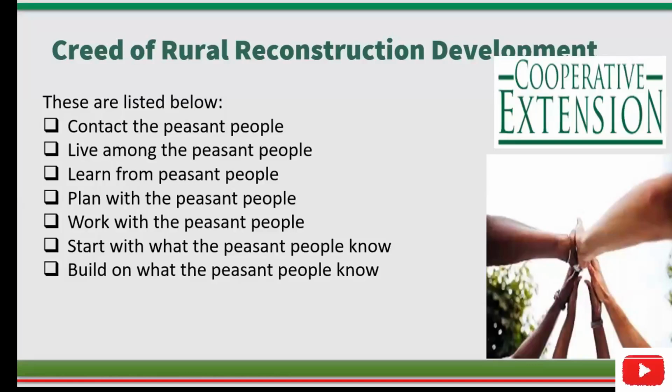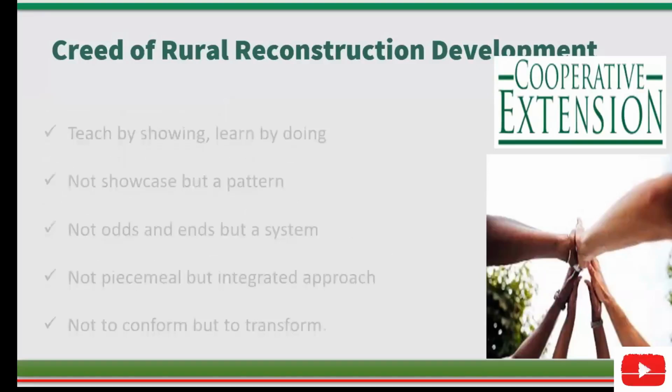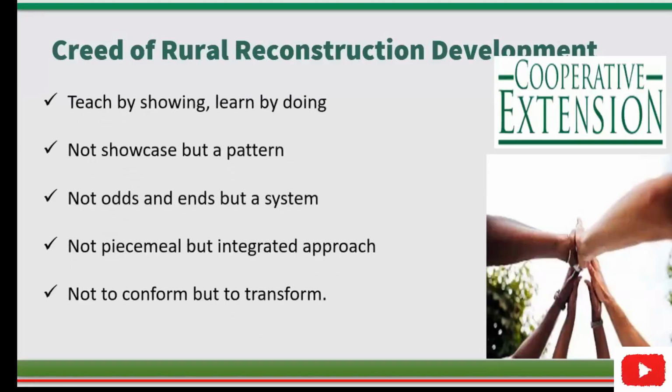4, plan with the peasant people. 5, work with the peasant people. 6, start with what the peasant people know, and then advance to what they do not know. And then 7, build on what the peasant people know. Now, we continue. Teach by showing, learn by doing.